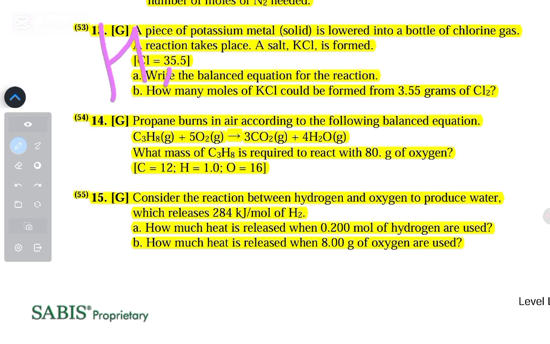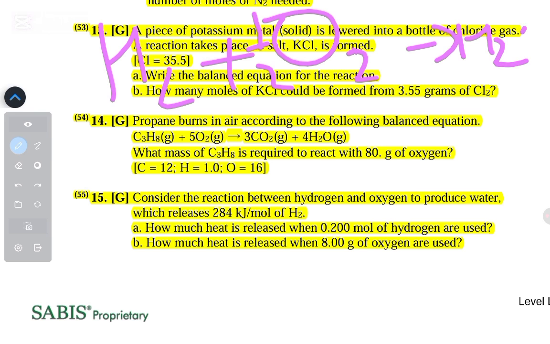What we can do is H2 plus 1 over 2 O2 gives you H2O. We know that it's 1 to 0.5. That's the ratio of hydrogen to oxygen. Now 0.5, which is half of O2, is 16.